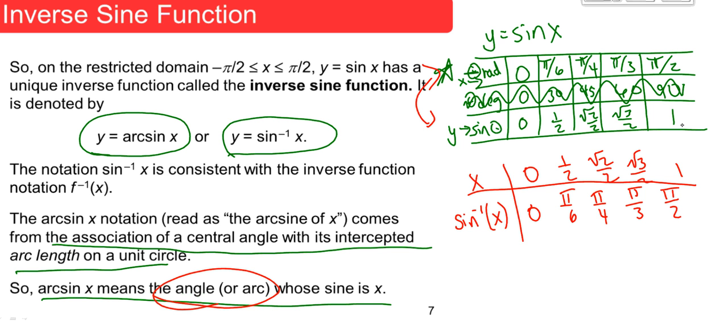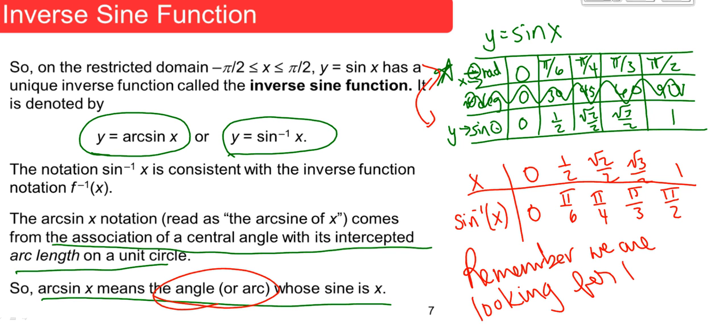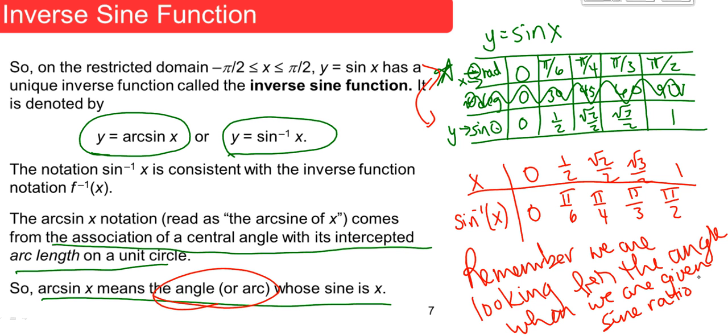And just remember, we are looking for the angle when we are given the sine ratio. So we're given the sine ratio, and then we look at what angle is associated with that.